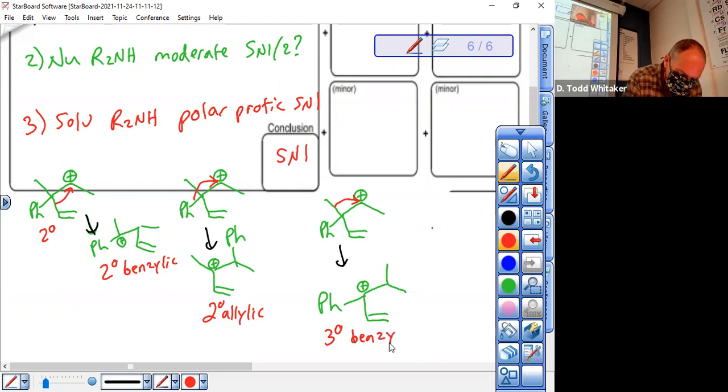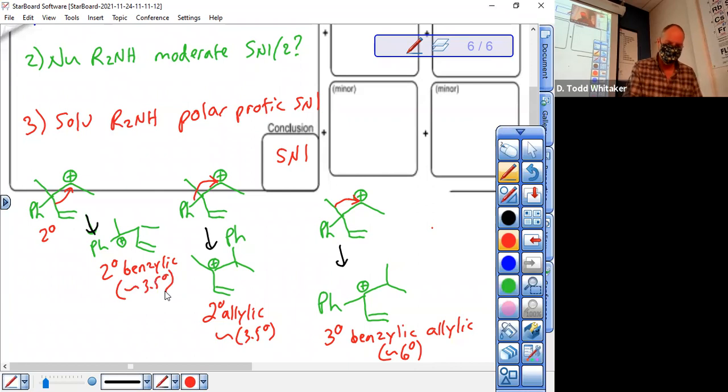This isn't even 6 degrees, is it? It is. Tertiary benzylic allylic. It's tertiary. It's got 3 bonds to C. A phenyl's a C, right? So 6 degrees. This one's 3.5 degrees. So is this one.